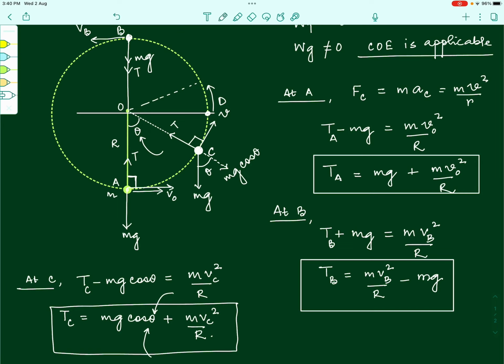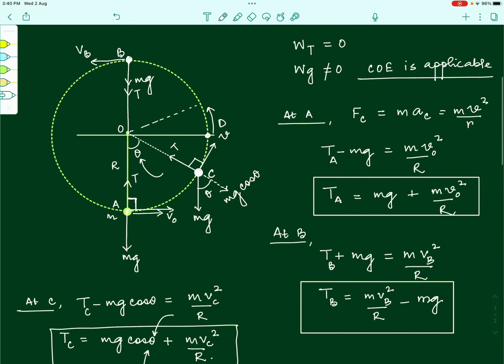Understand that when we try to find out the minimum speed that is required to be given to the particle at A, for which it is just able to complete the vertical circle, we might feel that if the particle has to just complete the vertical circle, the condition would be that it is just somehow able to reach the highest point, isn't it so?